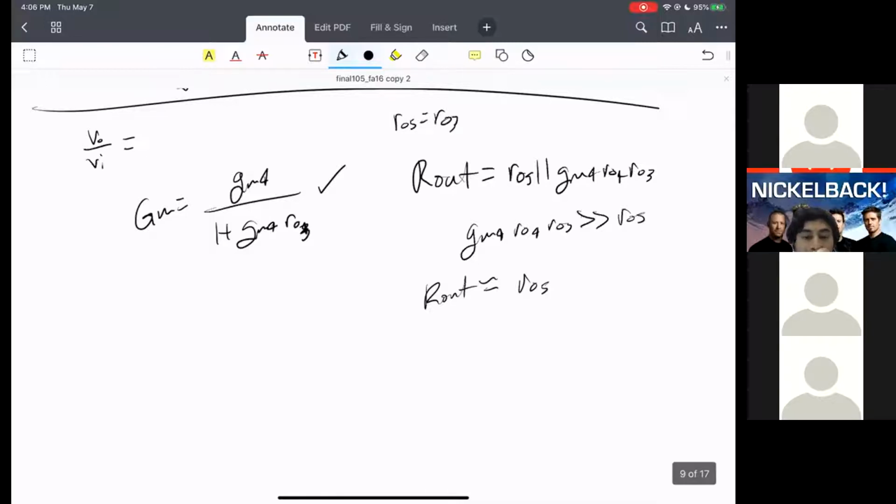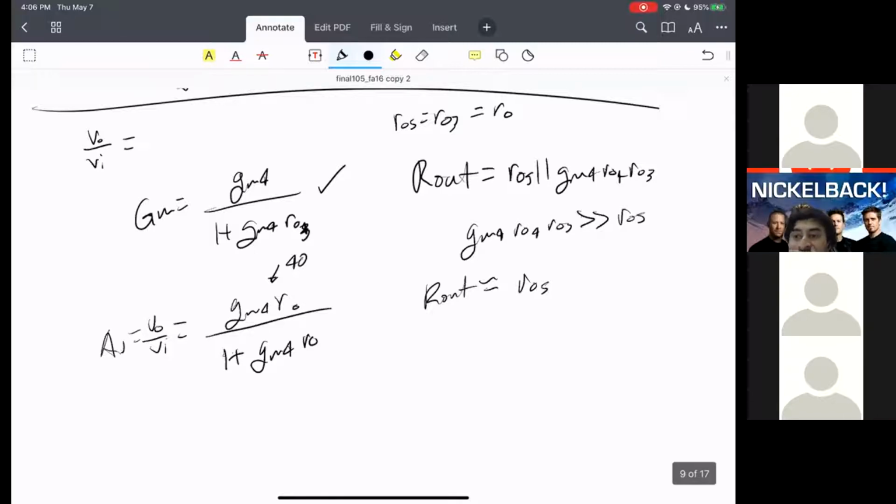And so when you calculate the gain, you're going to get gm4 ro. I'm just going to call this ro now because it's pretty much the same thing. This comes out to 40 or something like that. Let me just double check my notes.